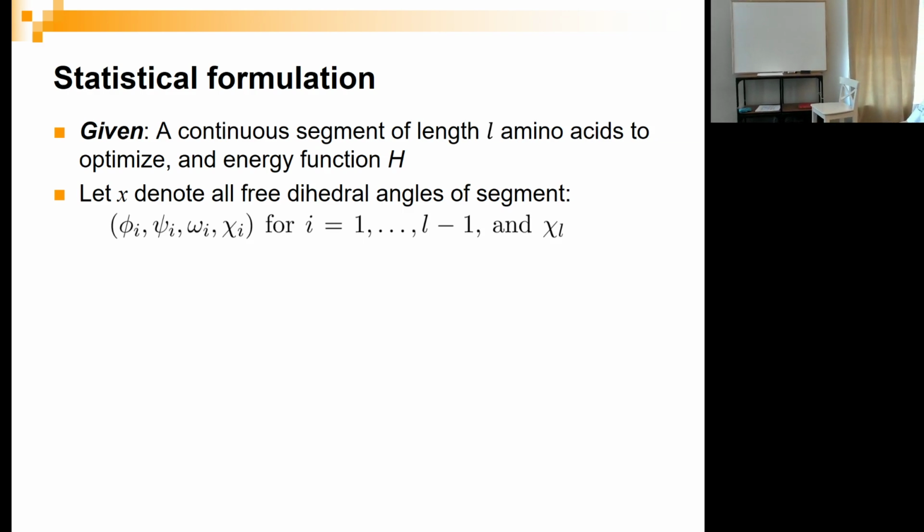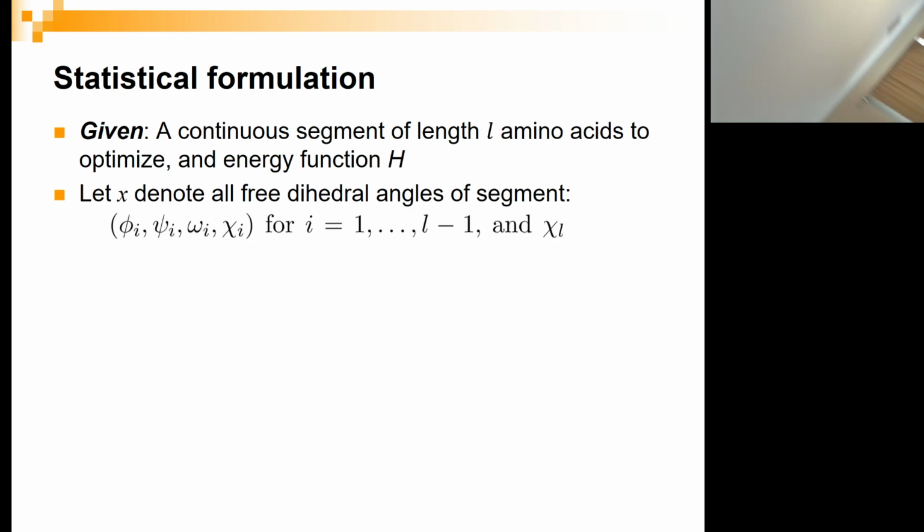For each of the amino acids in this sequence, we would want to determine possible values for these particular angles. I'm going to go over the board and quickly diagram what that looks like.